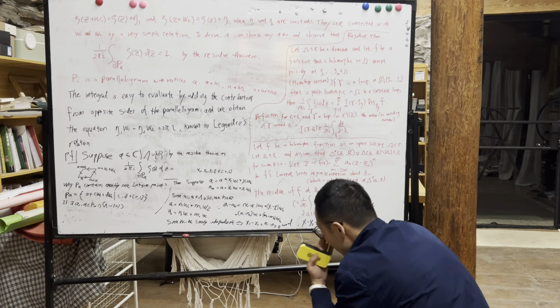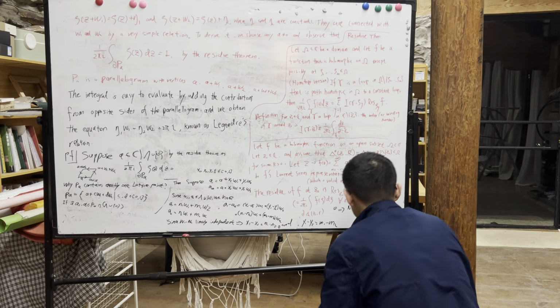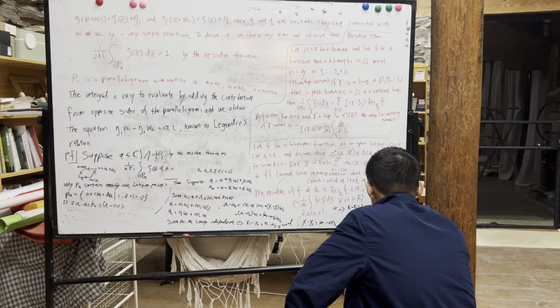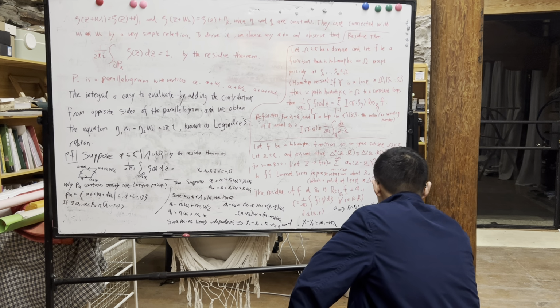Shoot, it could be equal to 0. So x1 minus x2 is equal to 1, or x1 minus x2 is equal to 0, or x1 minus x2 is equal to -1.